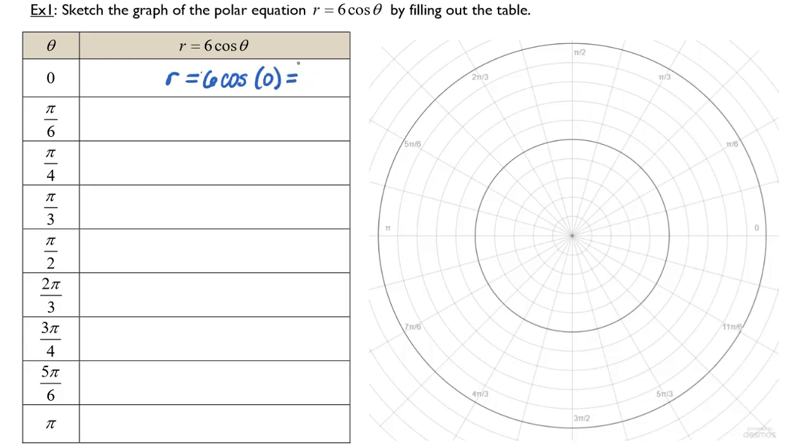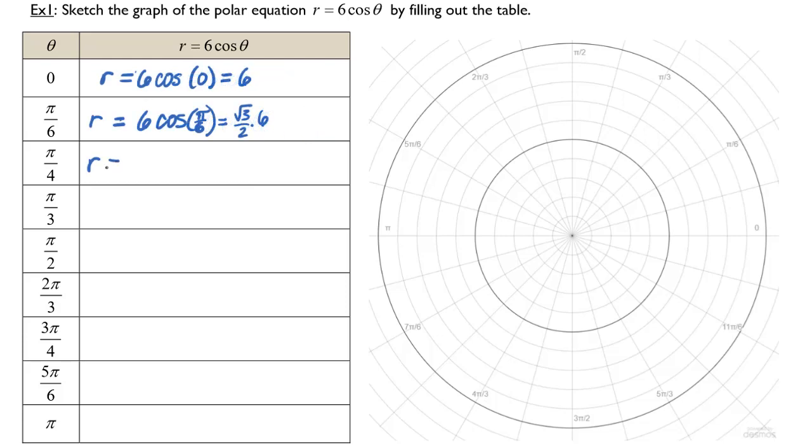6 times cosine of 0 is 6. 6 cosine of pi over 6 is root 3 over 2 times 6.